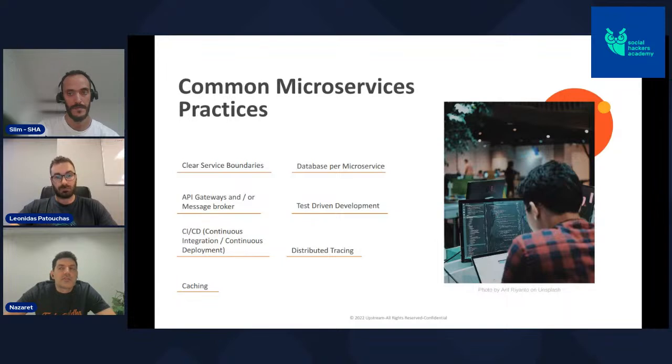Then test-driven development is necessary to ensure the quality of the deliverables. At Upstream, we perform automation tests on many levels, starting from the unit tests that the developers write, and we also write integration tests, performance tests, deployment tests, security penetration tests, and so on.